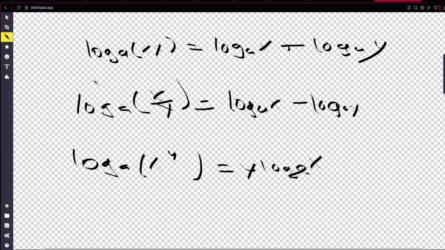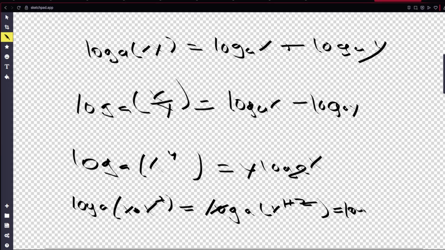So let's go over why this is the case for that one. Let's just say x is equal to a to a certain power.